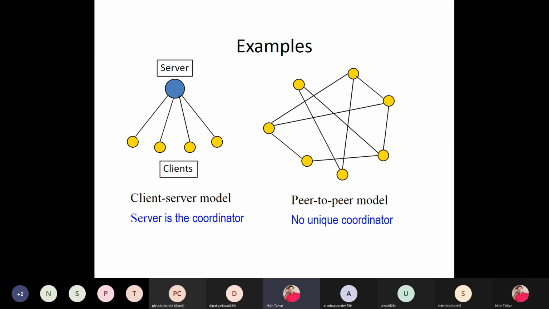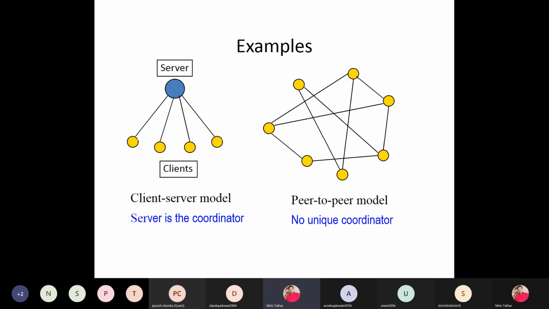In a peer-to-peer model, every node can act as a client and can act as a server also. These nodes are individual nodes. They have their own functionalities. Every node is sufficient to do the execution related to the particular action or activity assigned to that node, and they can communicate with each other.